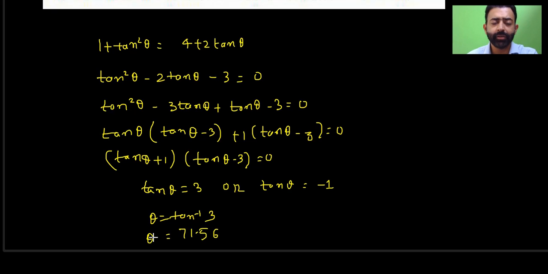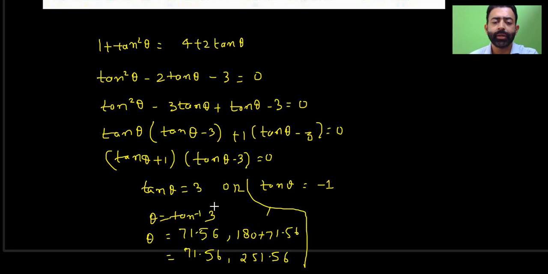This angle will be in the first quadrant, and tan theta remains positive in the third quadrant. So the next angle I can get by adding 180 to this, which is 251.56. So two angles corresponding to tan theta equal to 3 are 71.56 and 251.56.